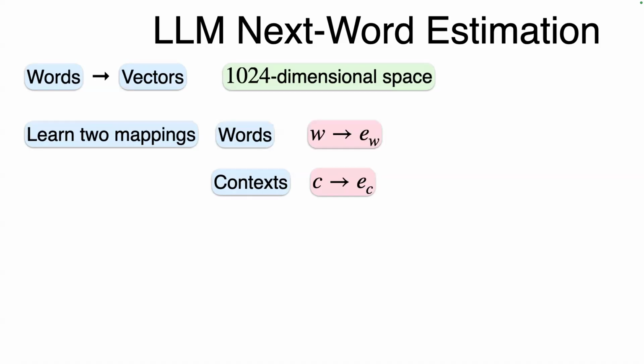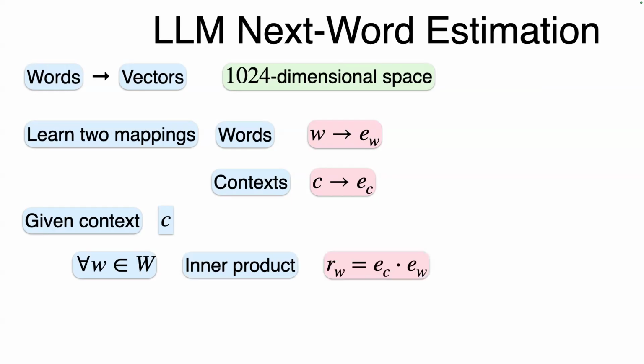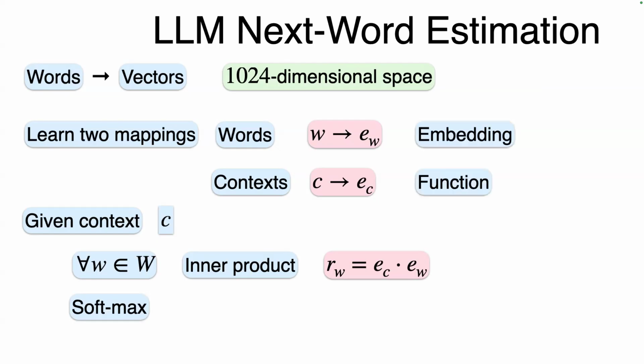So every word is converted to a vector, and every context is converted to a vector. Given the context, let's call it C, you take every word in your vocabulary, like the 270,000 words that Wikitext has, and for each one you calculate the inner product: the vector that represents the context times the vector that represents the word, call it RW. Then you calculate what's called the softmax, over these embeddings and functions.